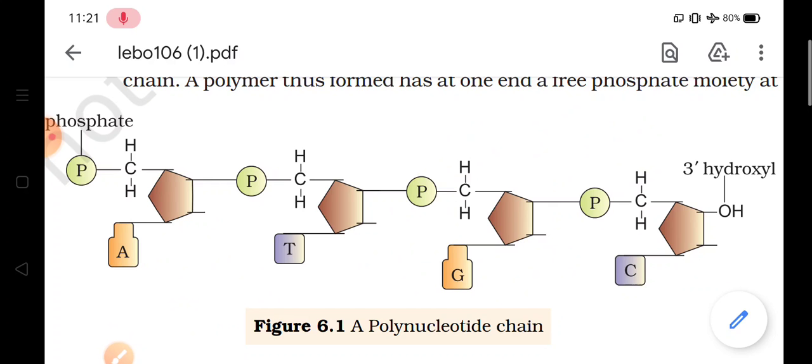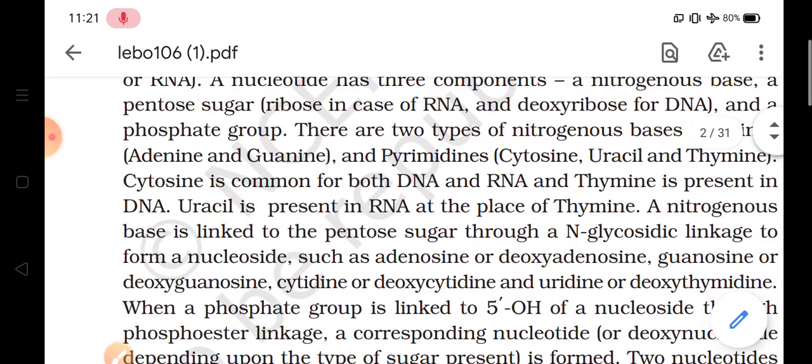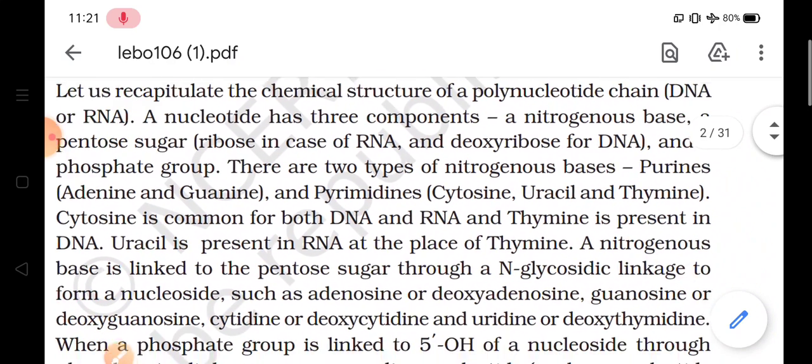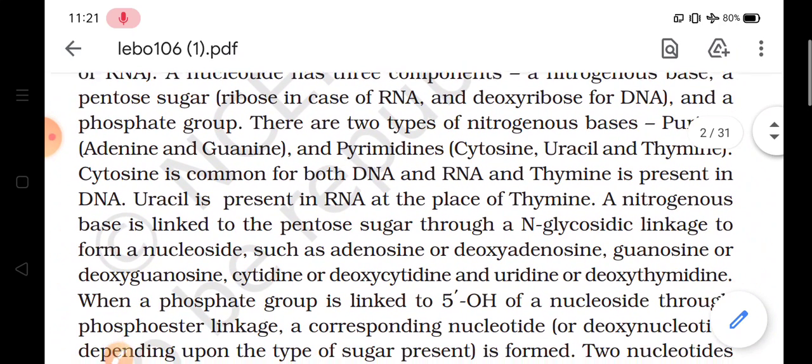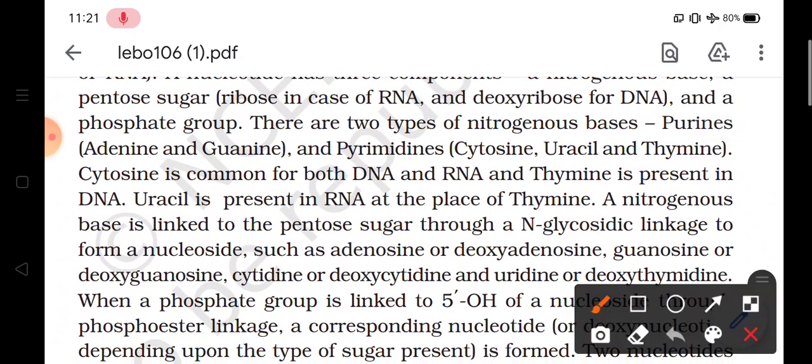Nitrogenous bases are categorized into 2 main categories. The first is known as purine, and the second category is known as pyrimidine. Purine and pyrimidine are the 2 types of nitrogenous bases, and purines are further classified into 2 types, adenine and guanine.